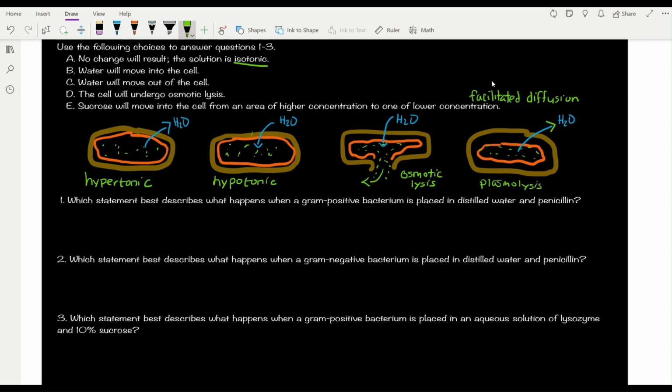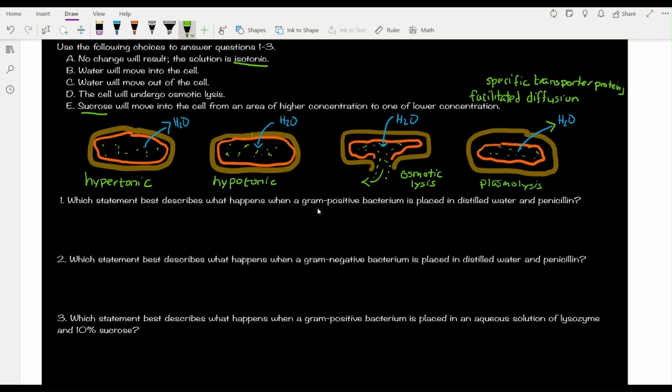And in this case, we are dealing with specific because it gave us a specific molecule, sucrose, which is a large sugar molecule. So we have specific transporter proteins. All right, fit that there.